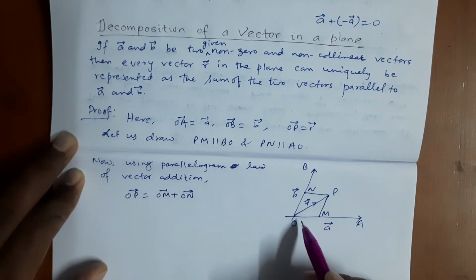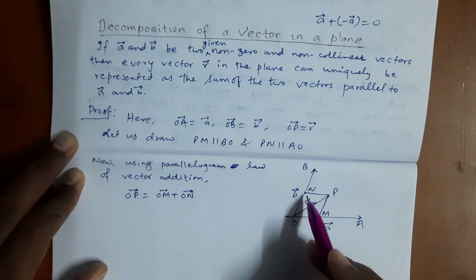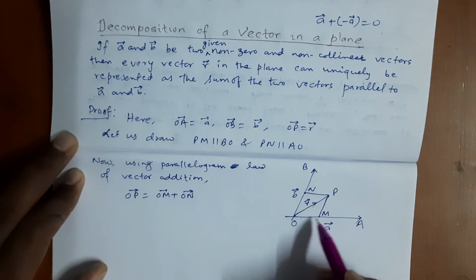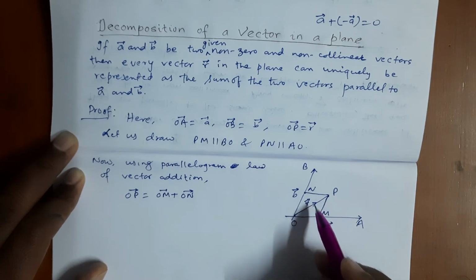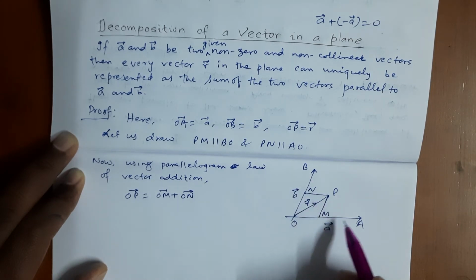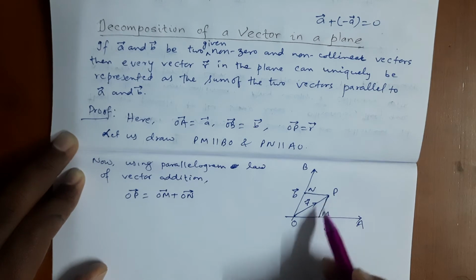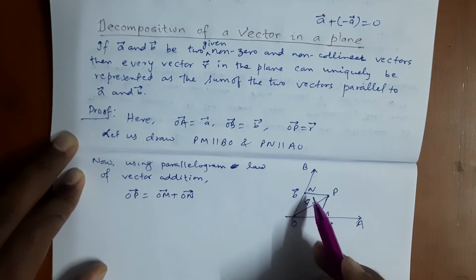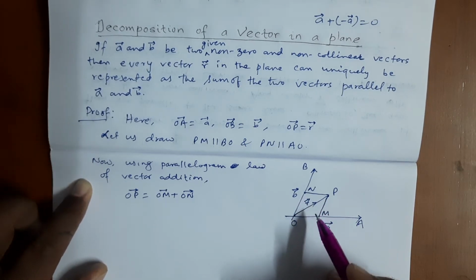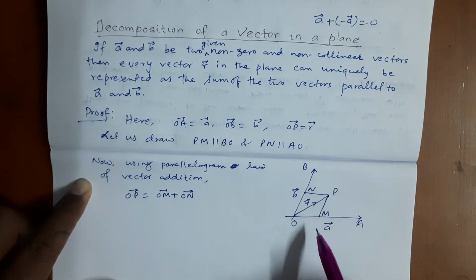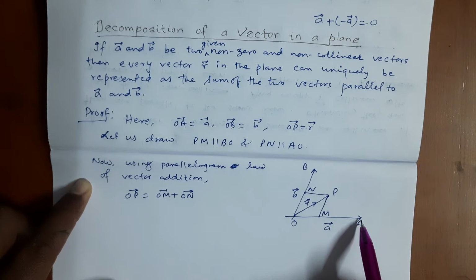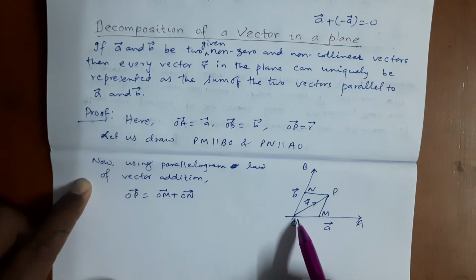Here OM and ON are the adjacent sides of the parallelogram OMPN, because PM is parallel to BO and PN is parallel to AO. So we can use the parallelogram law of vectors, and OP equals OM plus ON. And as OM and OA are collinear, we can write OM as a scalar times OA.